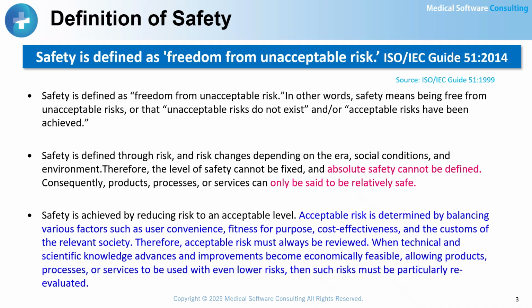Safety is achieved by reducing risk to an acceptable level, and what is acceptable is determined by balancing many factors, such as user convenience, fitness for purpose, cost-effectiveness, and the customs of the society involved. This is why acceptable risk must always be reviewed. When technology and knowledge advance, and when improvements become economically feasible, products and processes must be re-evaluated so that risks can be reduced even further.